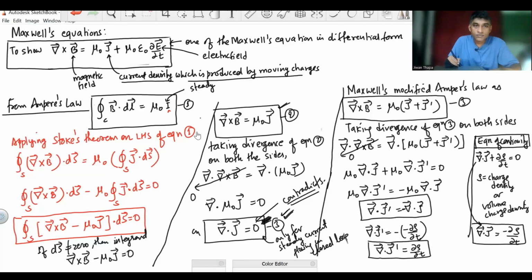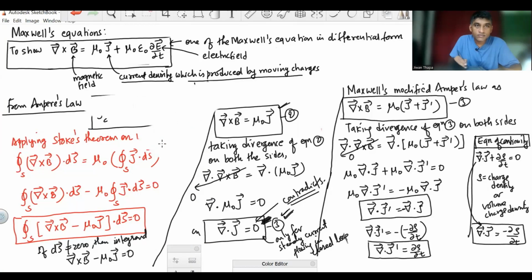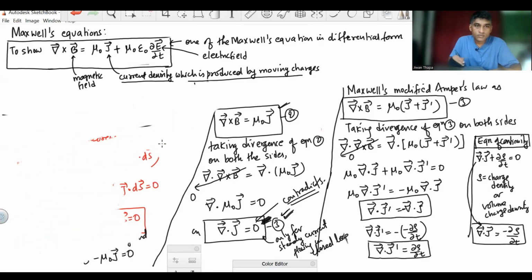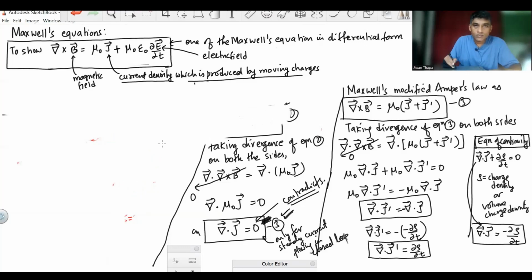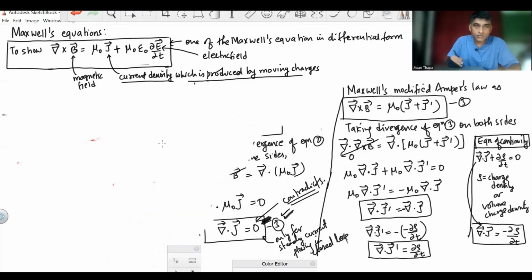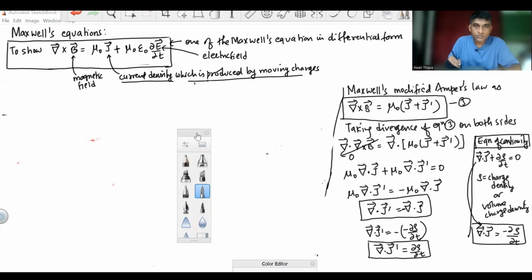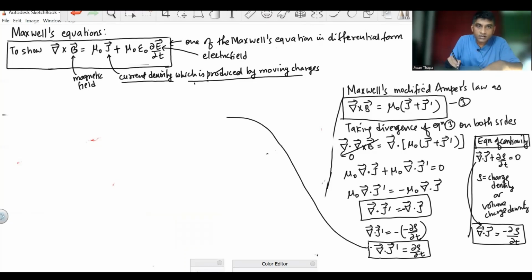Now I'm erasing this. So I'm taking this equation.